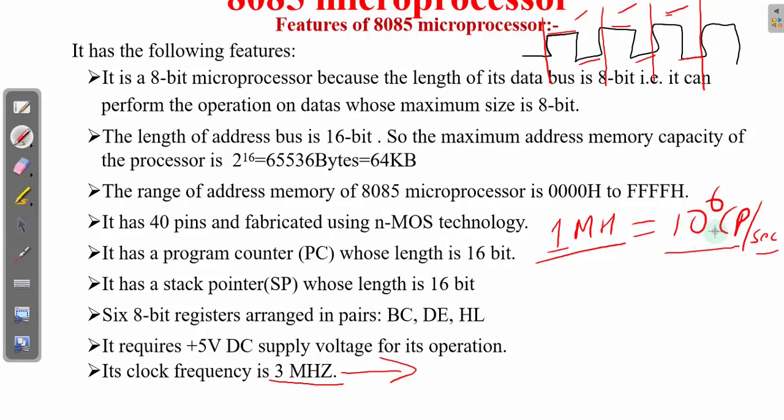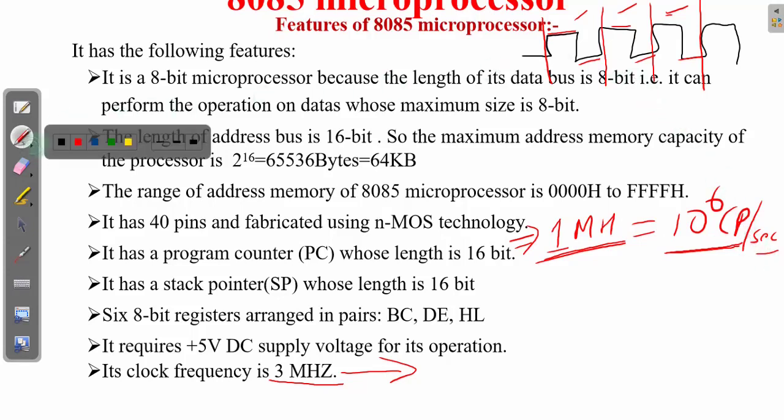Getting my point? I hope this point is clear to everyone. I am repeating. 1 megahertz is equal to 10 to the power 6 clock pulses per second. And what is a clock pulse?